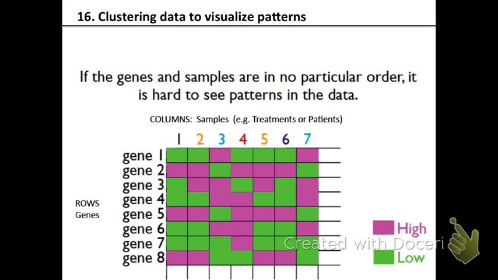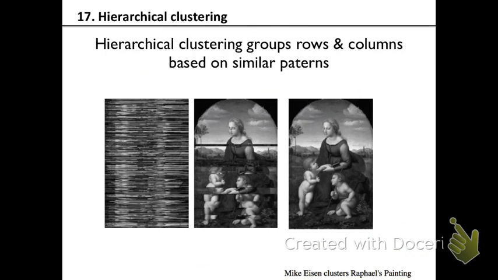So it's two values. What we have to do is group the genes that have similar expression, and at the same time group the people which have similar expression.